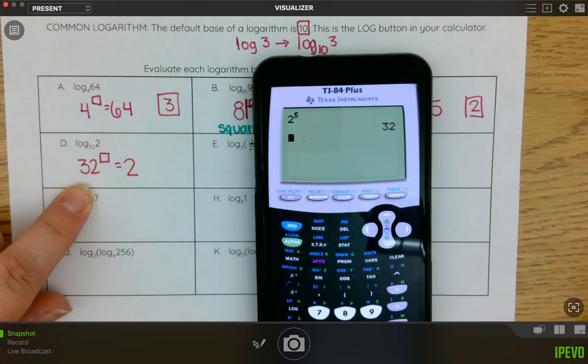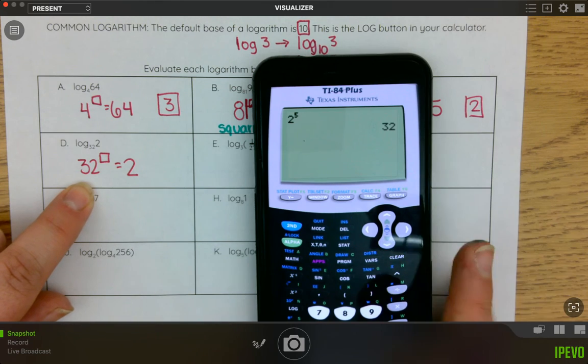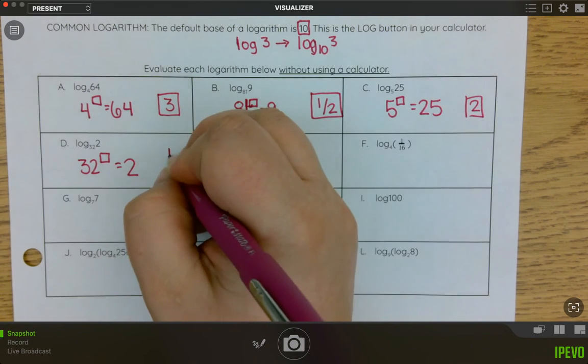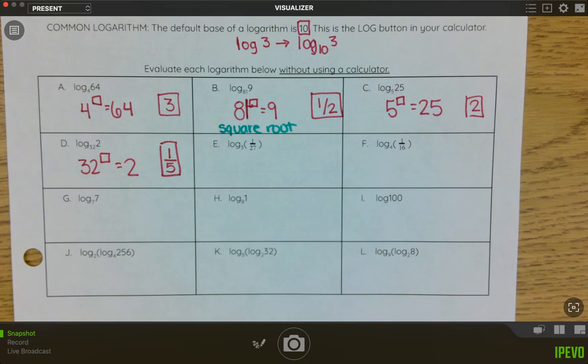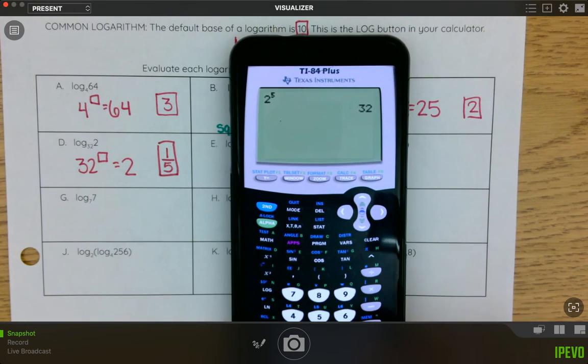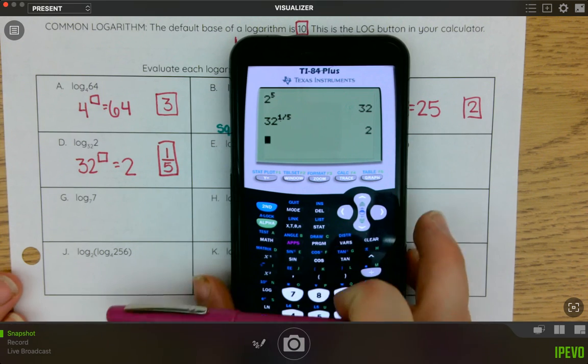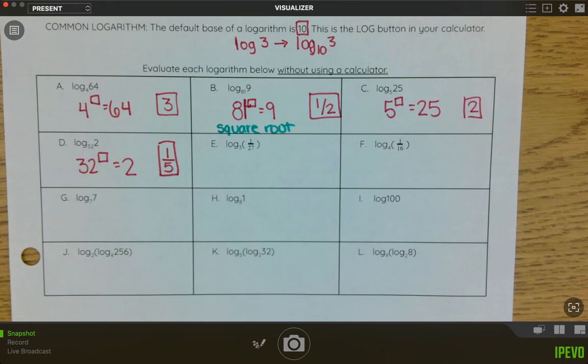So in order to go backwards, instead of doing the 5th power, we would need to do the 5th root, which is the 1/5 power. And I don't mind if you take your calculator out to double check what you thought it was. Okay, so 32 to the power of 1/5 is 2, just to prove that I was correct on that.